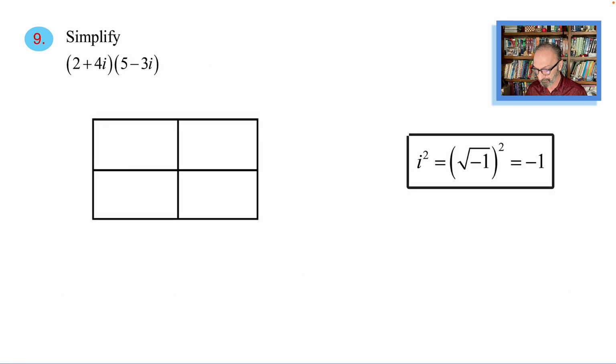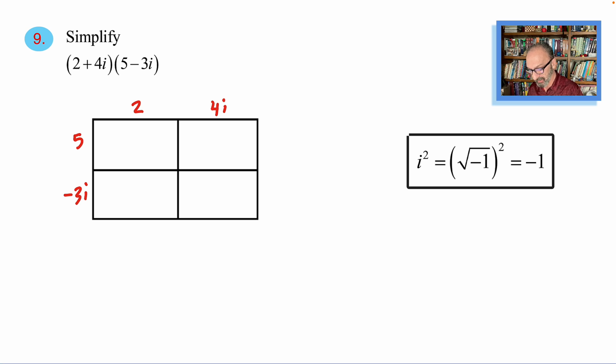Number 9. To multiply two complex numbers, I prefer the box method, but you could use the distributive or FOIL method. And also keep in mind that i squared will end up being negative 1. So we have 2 and 4i on one side, 5 and negative 3i on the other side.